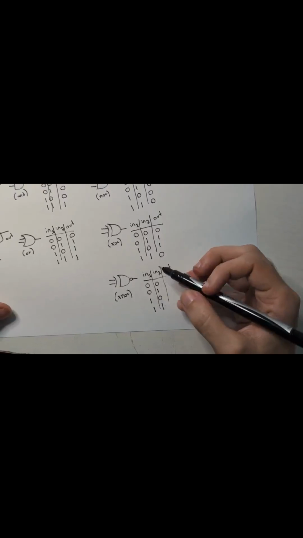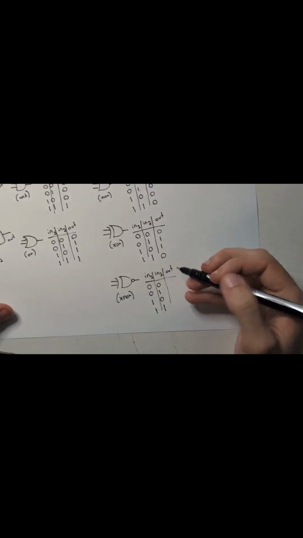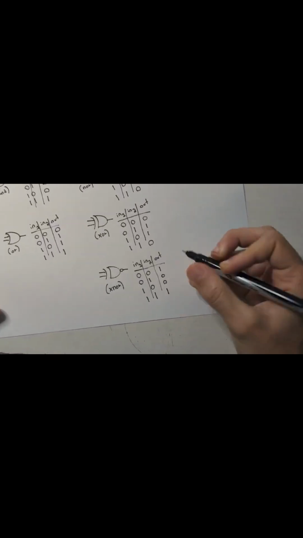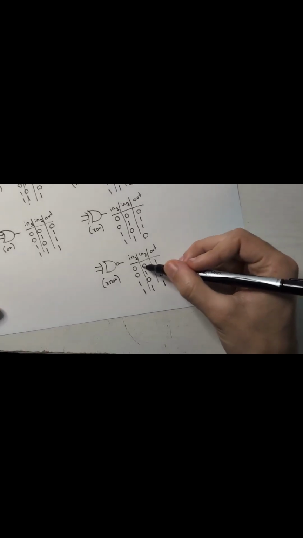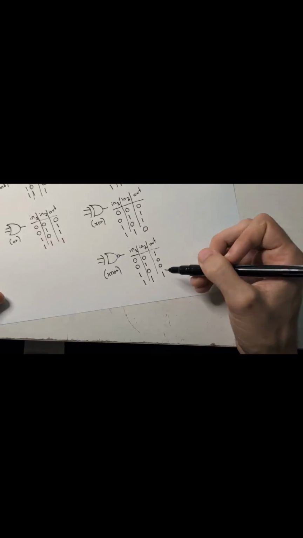And so this is the opposite of a XOR gate. So it is if both of the inputs are the same, basically. So if they're both off or if they're both on.